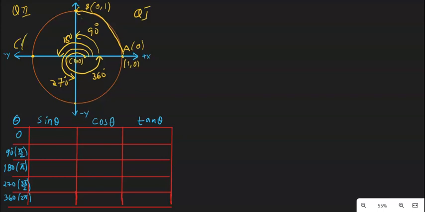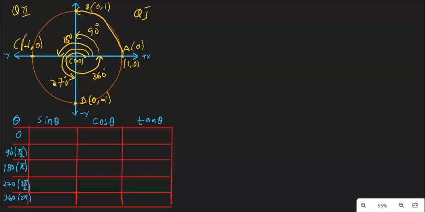So at point C, it's 180 degrees, where the cosine of 180 degrees is minus 1, and the sine of 180 degrees is 0. At point D, which is 270 degrees, the cosine of 270 degrees is 0, and the sine of 270 degrees is minus 1.